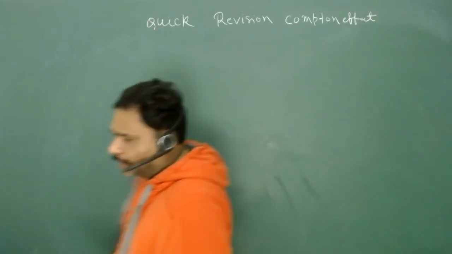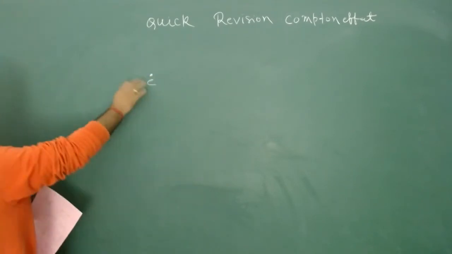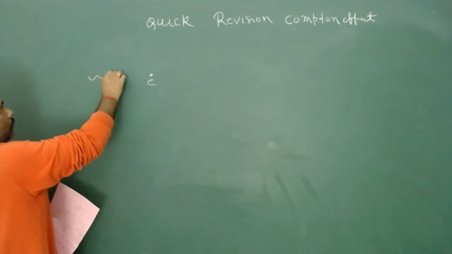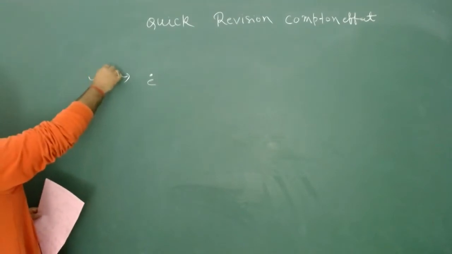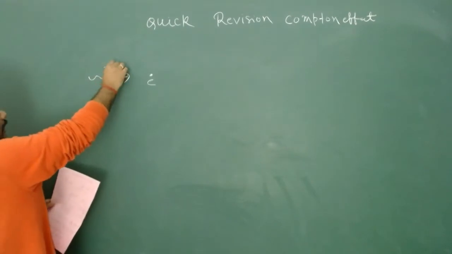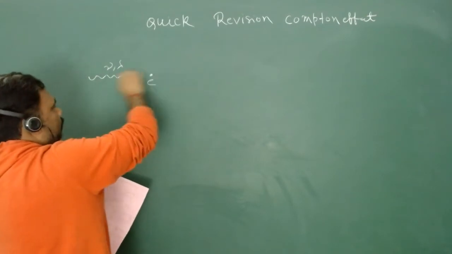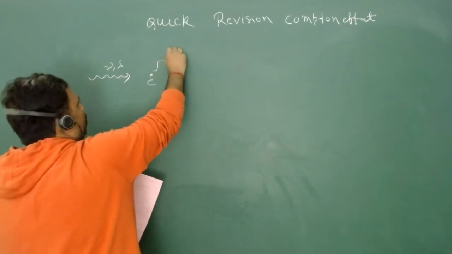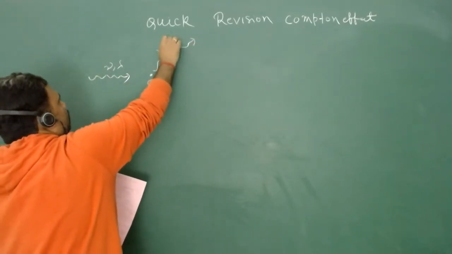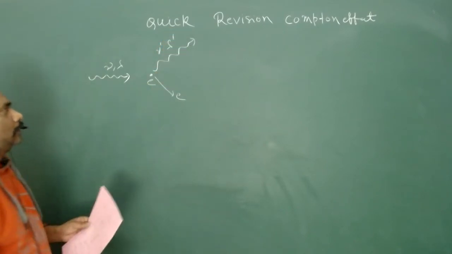So the experiment is very simple. You have an electron, and this electron is assumed to be free, and there is some light coming. This light has some frequency nu or some wavelength lambda, and after the collision this light wave has changed its wavelength, with something nu dash and lambda dash, and this electron will recoil into another direction.